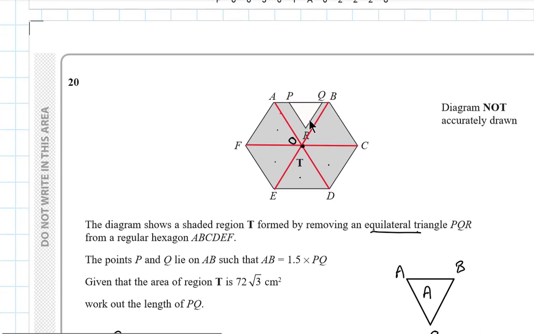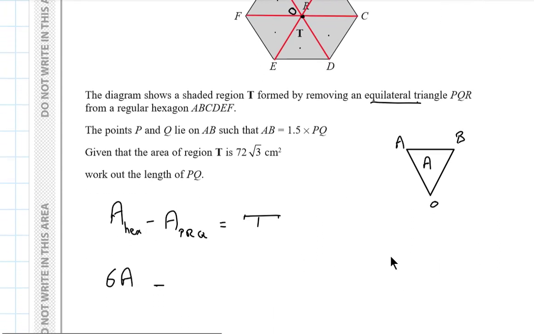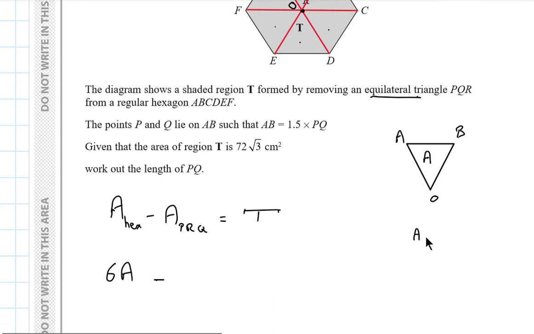But we have a similar relation, of course. We have AB to PQ. I can write AB over PQ equals 1.5, which is 3 over 2. So the area of our triangle divided by the area of triangle PRQ will be the square of this ratio, which is 9 over 4.